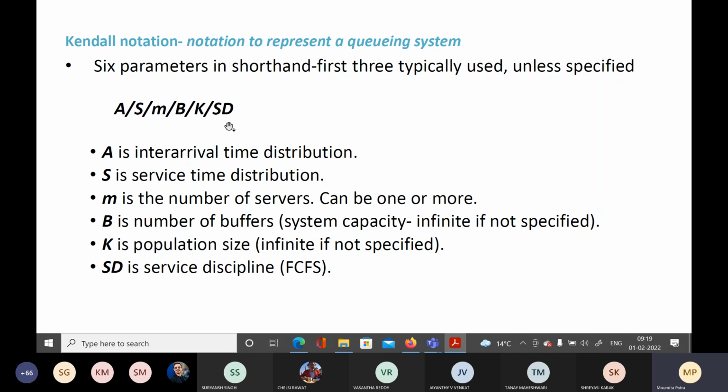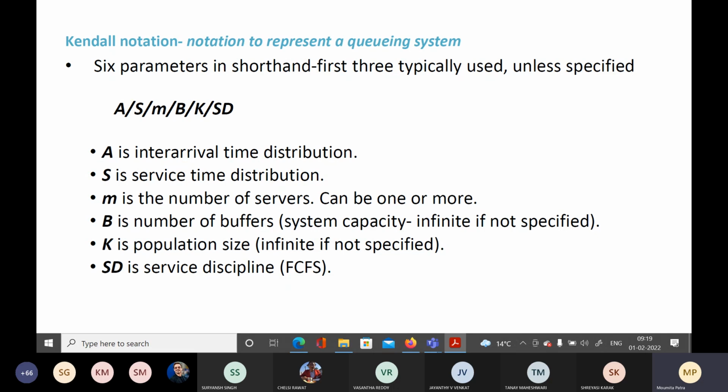I also mentioned yesterday that system capacity is in general considered to be infinite. If it is specified, that means the size of the system is given, and then it is finite. Otherwise, if it is not specified, it is considered infinite.